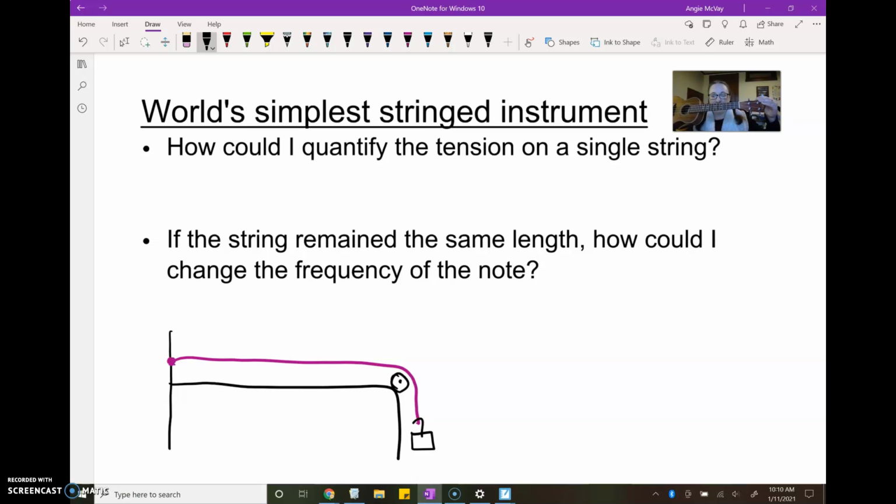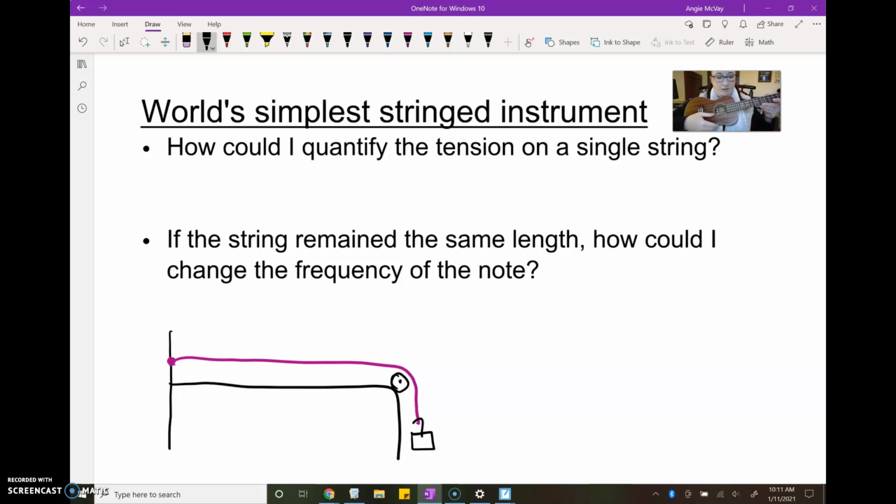Okay, so that's harder to quantify on our end, but we are changing the tension, and we can use specific tools like a tuning device to detect the frequency of the sound. Okay, you can also use your phone. Right, there's a tuning device on your phone that you can use to detect the frequency of the sound as well.